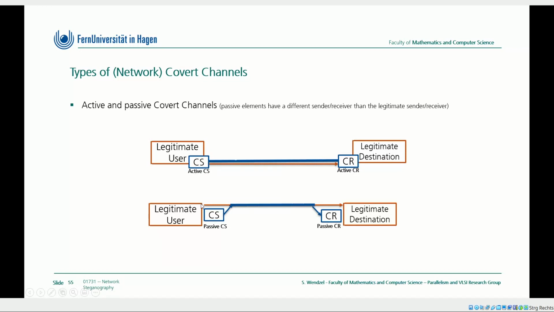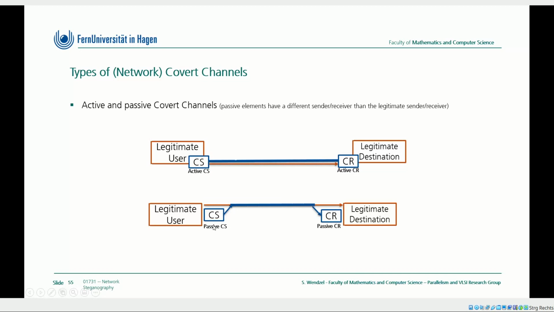However, there's also a passive scenario feasible, where a passive covert sender would wait for some legitimate user to generate some legitimate traffic, and then piggyback this traffic while being on the path to its destination.